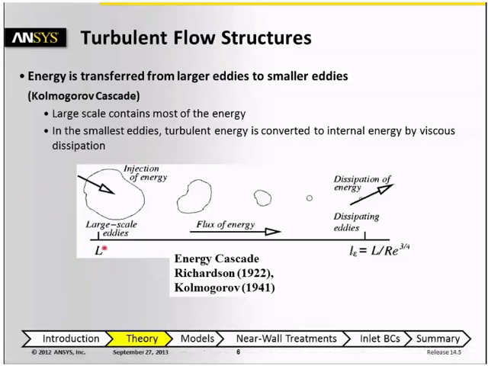As the flow evolves and the eddies stretch and interact, the energy is transferred to smaller and smaller eddies until finally, in the very smallest identifiable scales of turbulent motion, this energy is converted to internal energy by viscous dissipation. The theory of the energy cascade was developed by Richardson and Kolmogorov, and the scales where the dissipation occurs are known as the Kolmogorov scales.